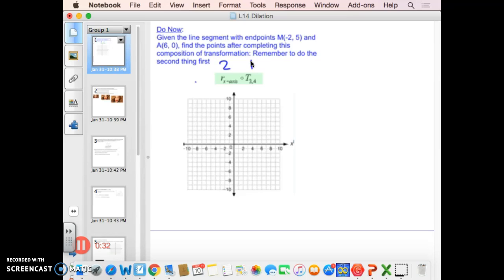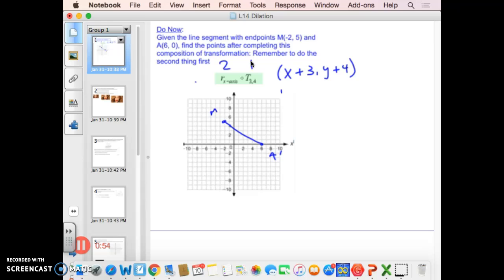Okay, so T of (3, 4) means I'm going to do x plus 3, y plus 4 to each of these points. My original point is at (-2, 5), and I know you don't have graph paper, so I'm just going to quickly graph this here. M A is a line segment that we're transforming. I'm going to move it 3 to the right and then up 4.